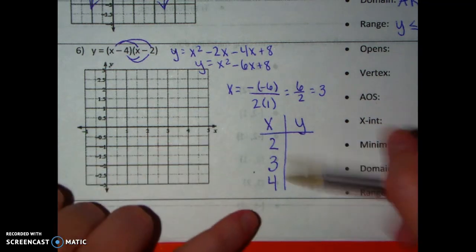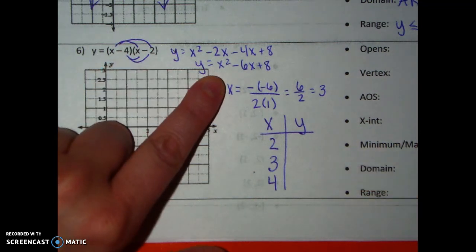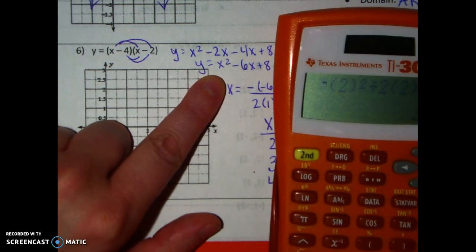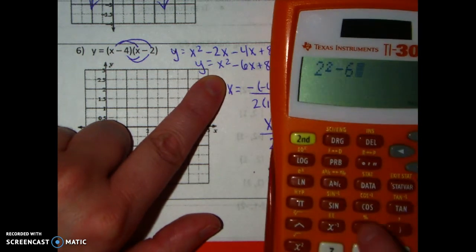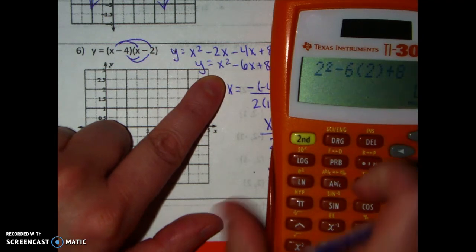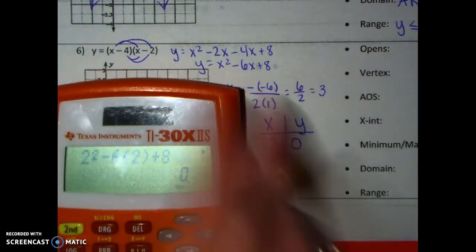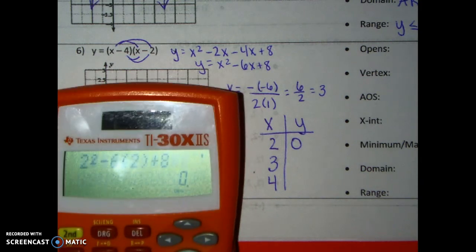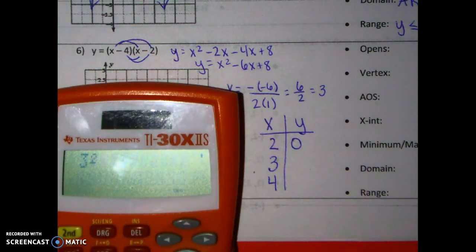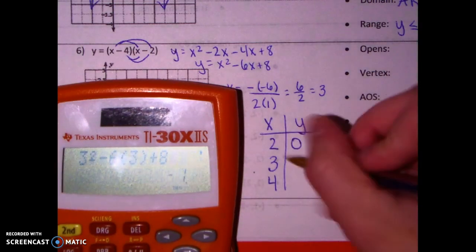So you can plug these numbers into the original equation, or you can plug them into this one down here. I'll probably just do this one. So 2 squared minus 6 times 2 plus 8 is 0. And 3 squared minus 6 times 3 plus 8 is negative 1.